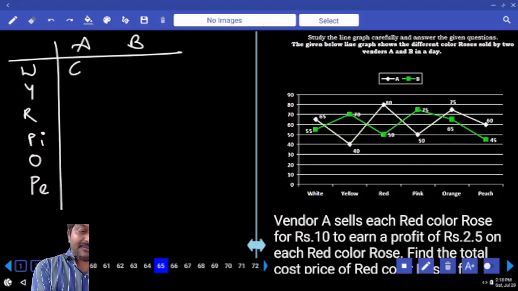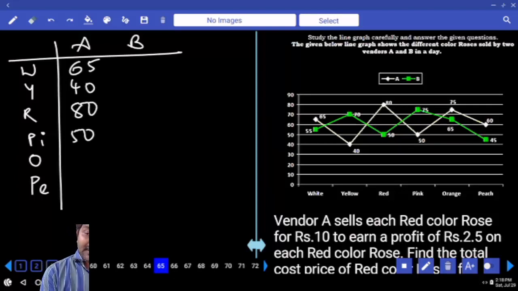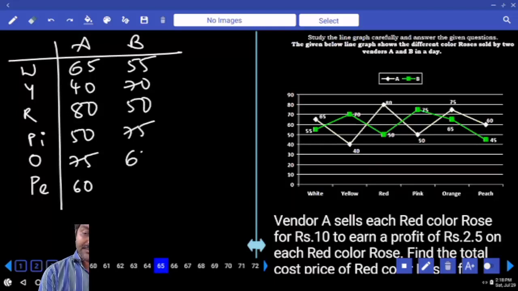Start with the first number: 45, 65, 40, 80, 50, 60. And then B: 55, 70, 50, 75, 65, 45.